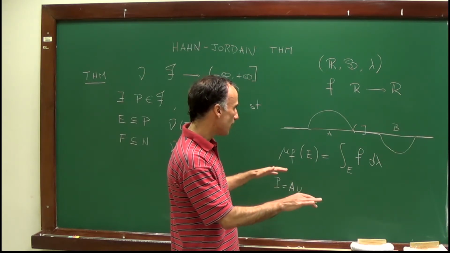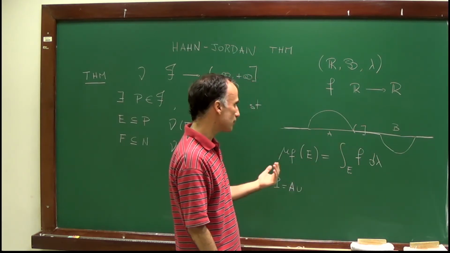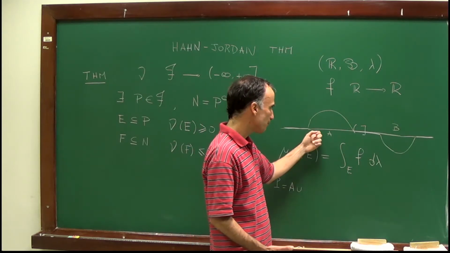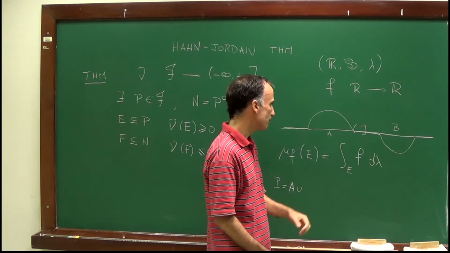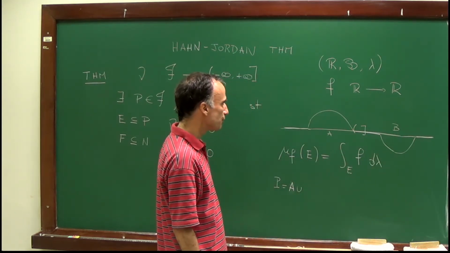And now I want to decompose the line in two sets, a positive part and a negative part, such that each subset of the positive part will have non-negative measure, and each subset of the negative part will have non-positive measure.